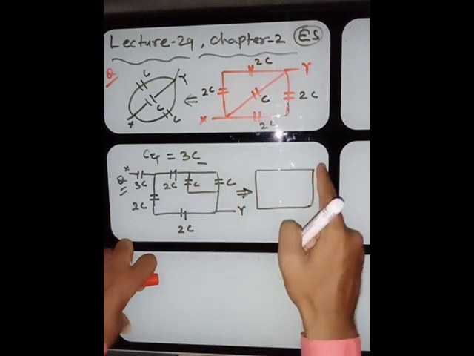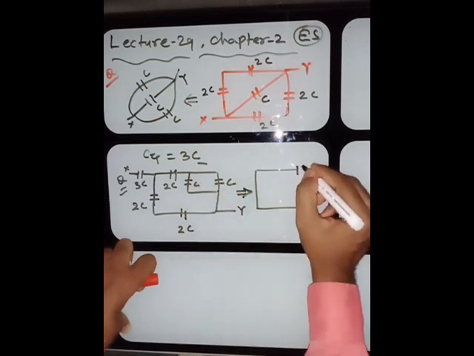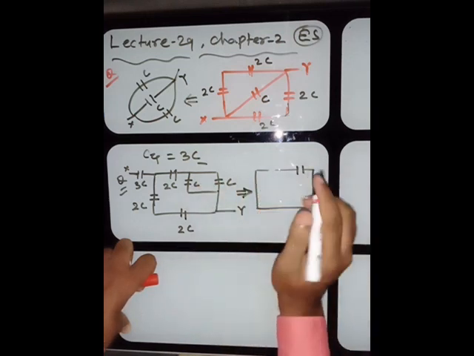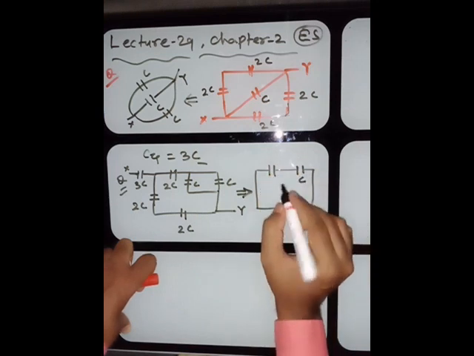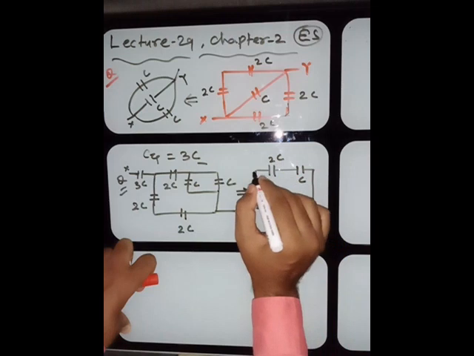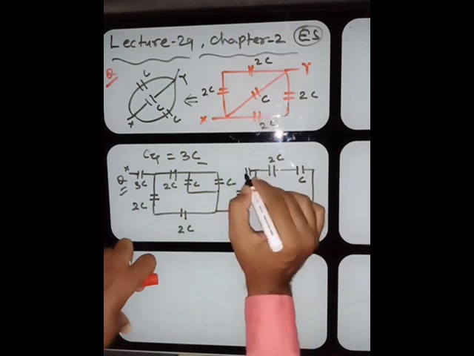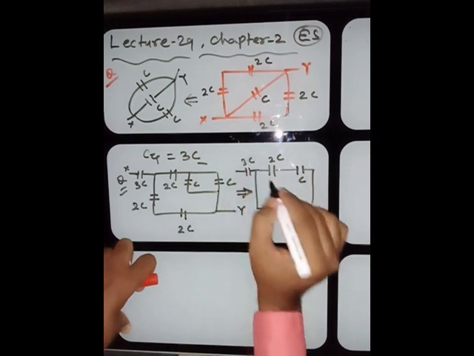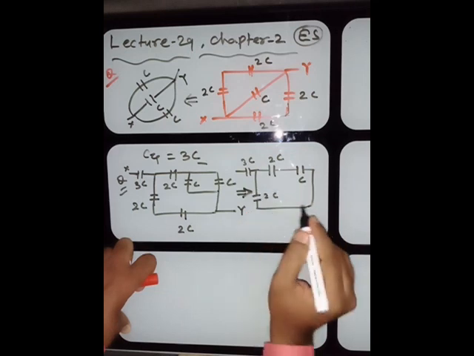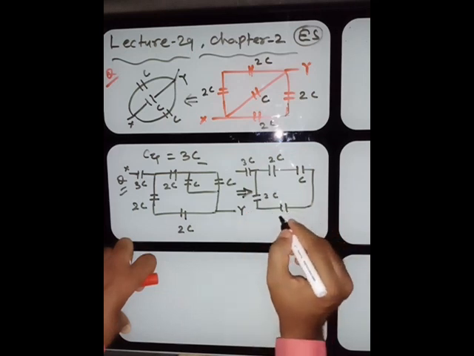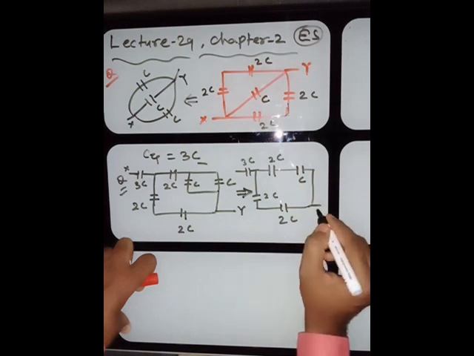These two will be one capacitor, and you can add this one capacitor at any place. This is C. Now this was 2C. This is 3C, and this is 2C and 2C, and this was the terminal.